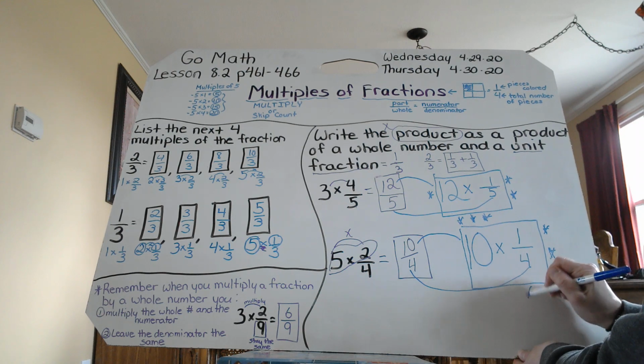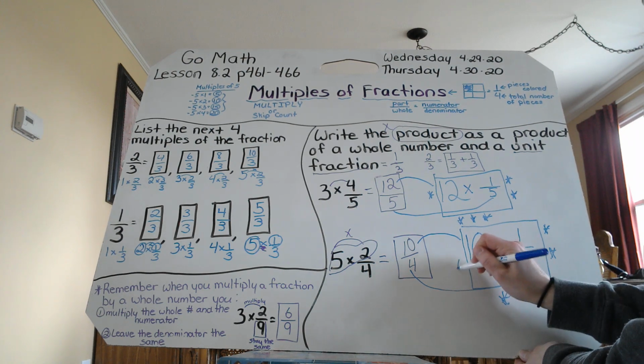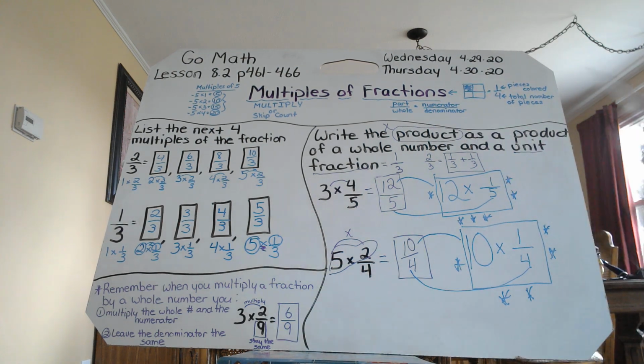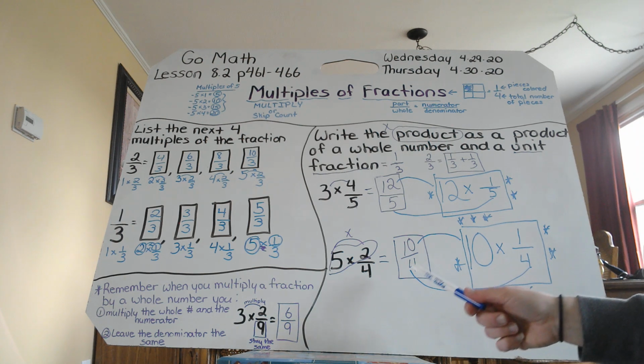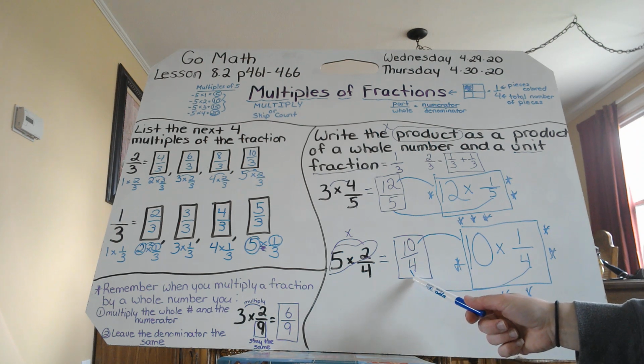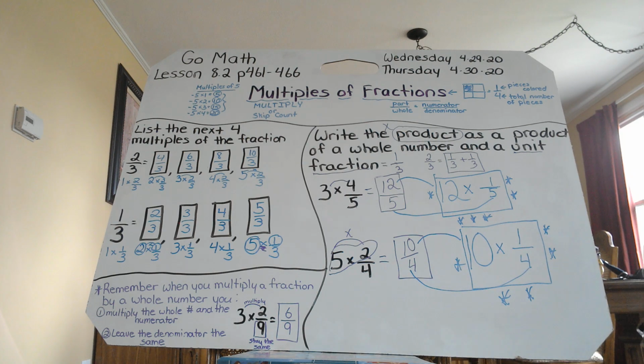This would be the answer that we would want to see from you because of our directions. Again, our directions are asking us to write that as a whole number and a unit fraction. This is half your answer. So you're doing a great job if you get here, but you have to take it one step farther, okay?